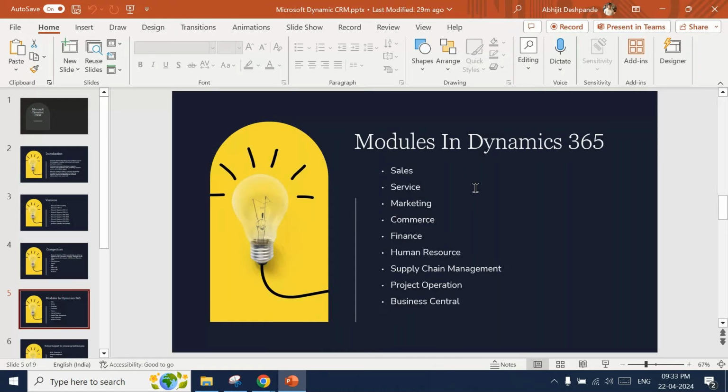Those also come under different domain modules. So Dynamics 365 is one application where you have, with respect to customer relationship, things like sales and service. Is that what you mean to say?